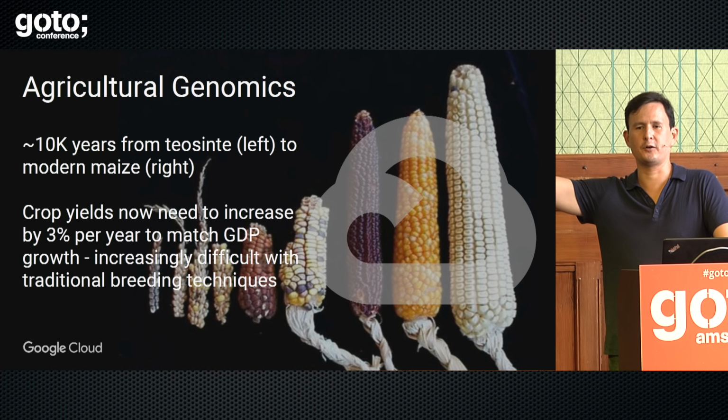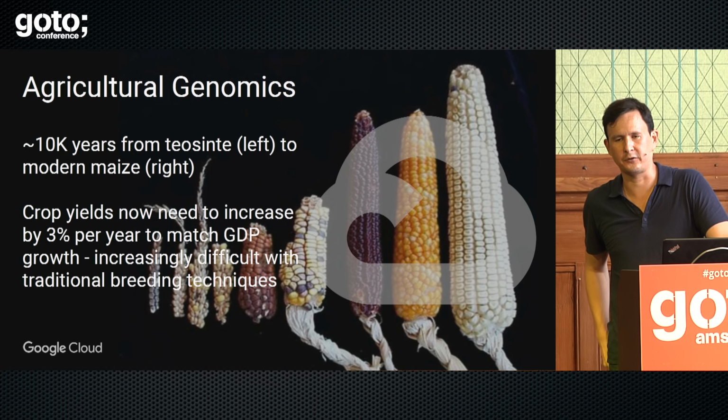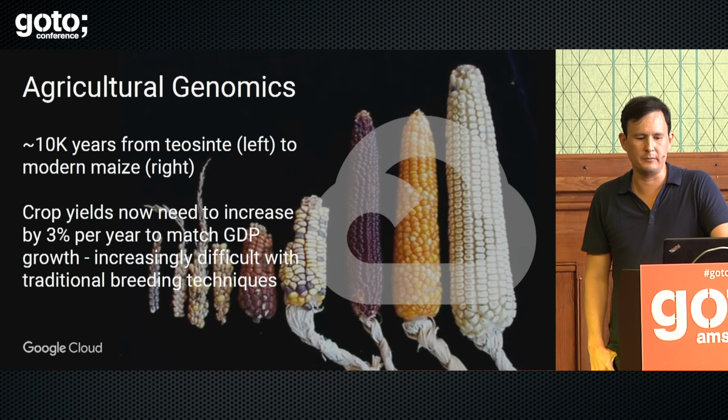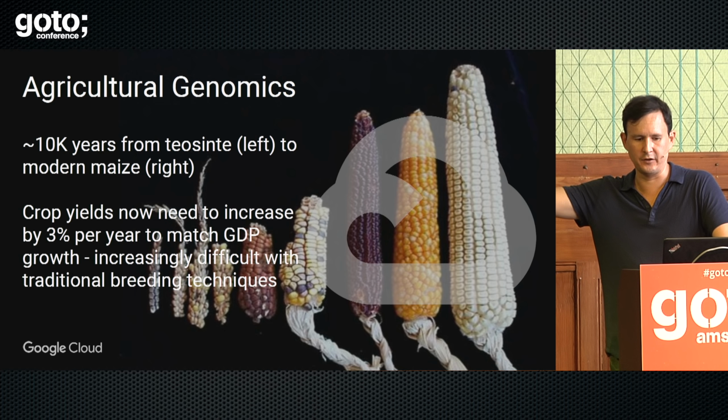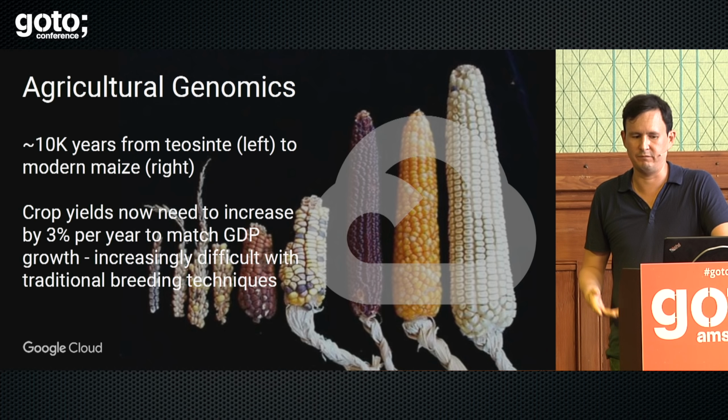And they might have observed that if they grew it, some of the individuals were a little bit bigger, or had more kernels, or fatter kernels, or were more nutritious or drought tolerant or pest resistant or something, and selected for those. And so over time, we were able to develop it into this thing on the far right that's a staple crop of the world today, and it feeds a lot of people.